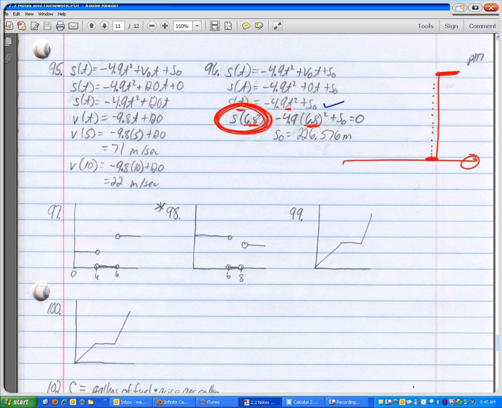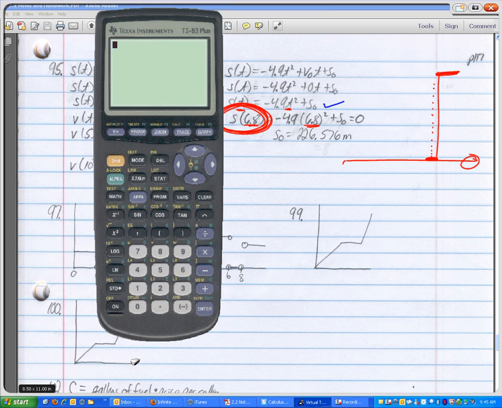Okay? So, get out your calculator. I need to take 6.8 and square that, and then multiply that times negative 4.9.